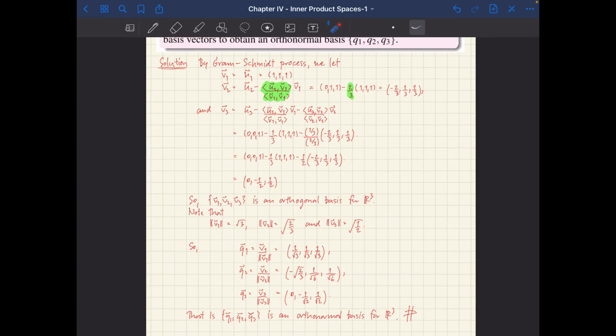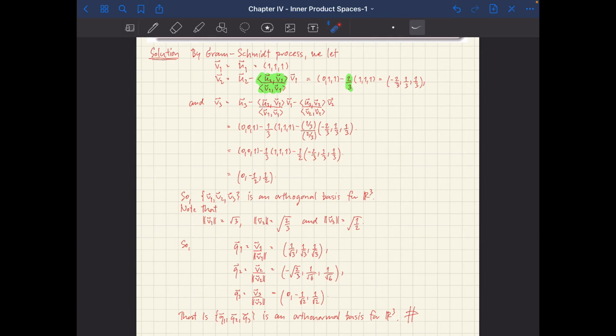If you need to copy this page, please pause it. I think this example is quite easy because we apply the Gram-Schmidt process in the set Rn, right?